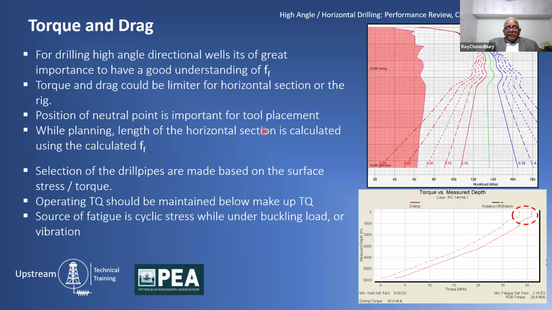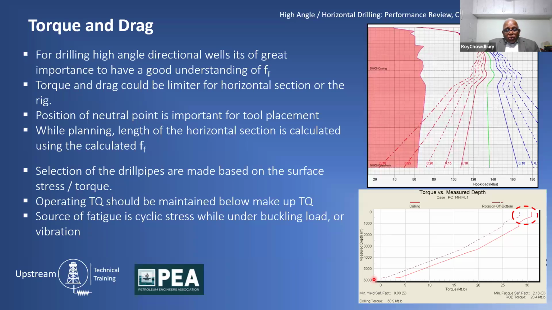So with that in mind, when you run the simulation models, you would simulate different friction factors and see what comes close to your actual condition based on what you have seen on the rig. There are different models available, and you could also simulate what surface torque is expected.